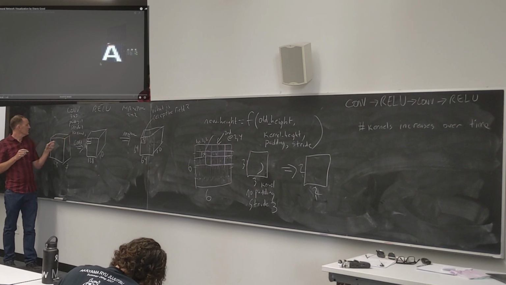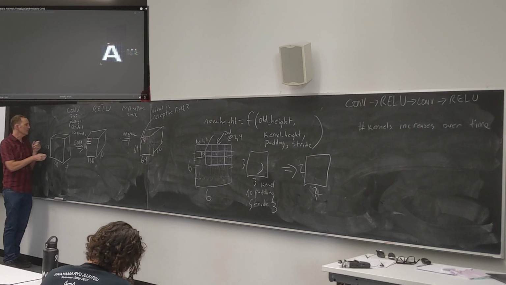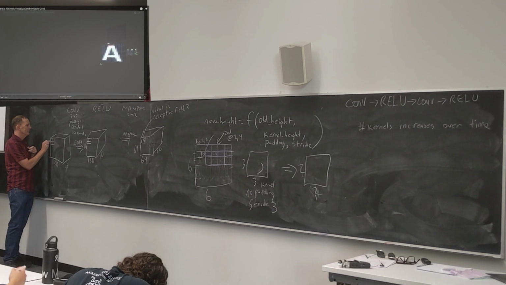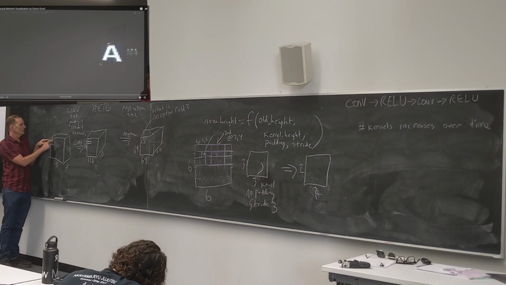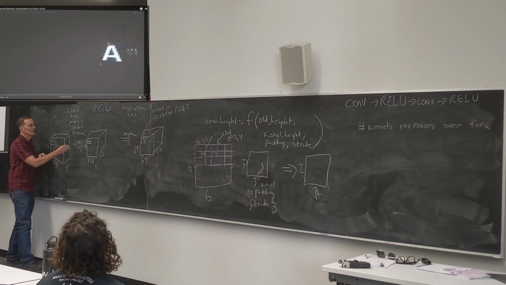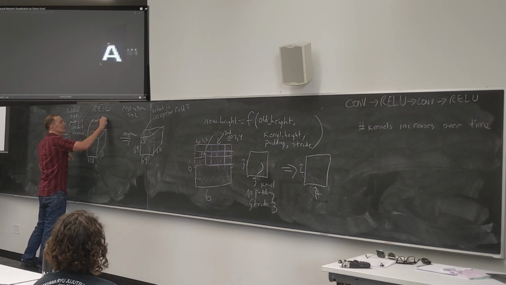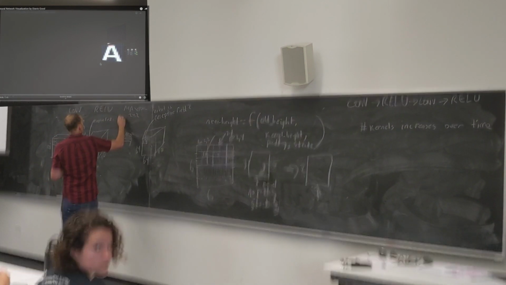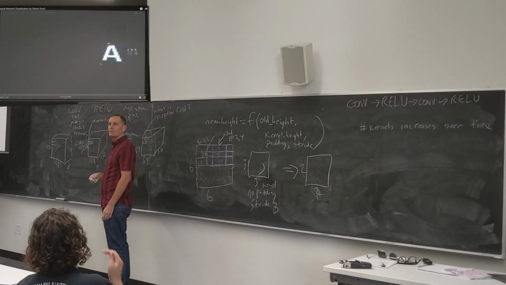Is it just the top left one? No, because we're applying this 3 by 3 kernel. So the first iteration of the 3 by 3 kernel is like this, so it's affecting pixels 1,1, 1,2, 2,1, and 2,2. So the receptive field here is 1,1 to 2,2, just providing the top left and the bottom right.